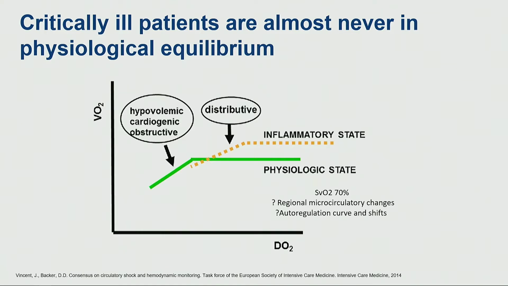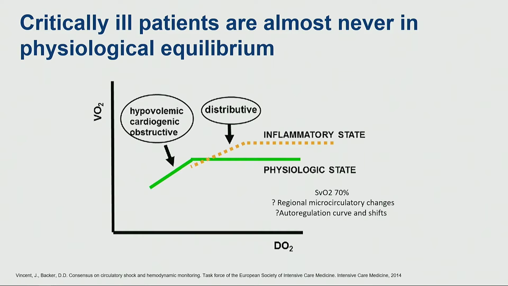Now, this is a really nice review article written by Daniel De Backer and Jean-Louis Vincent, and I really like this diagram because it describes the physiological state, and it tells us how, in most of our shock states in the ICU, our patients are never in physiological equilibrium.